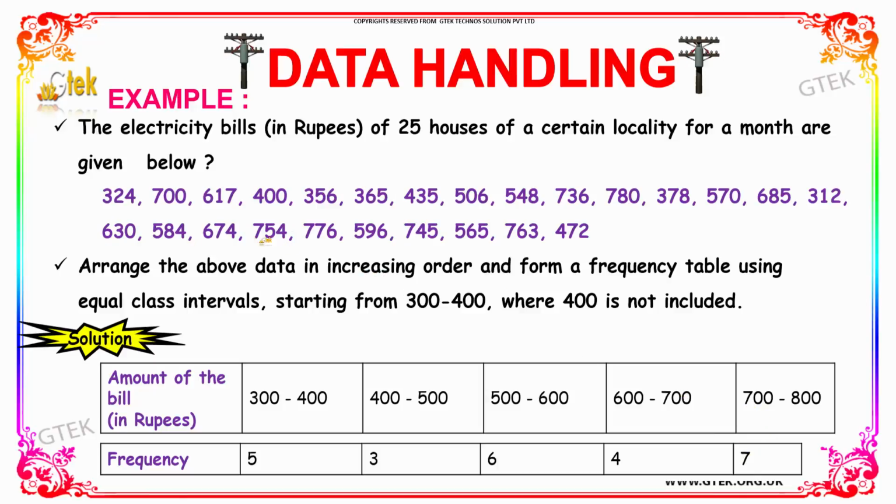And there are 7 houses which are having their electricity bill between 700 and 800. So this is how you are supposed to construct your frequency table.